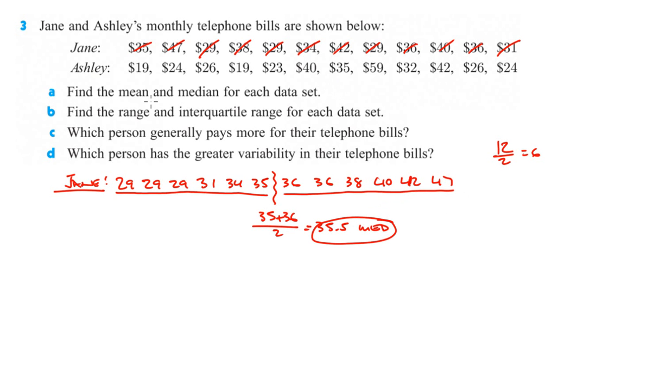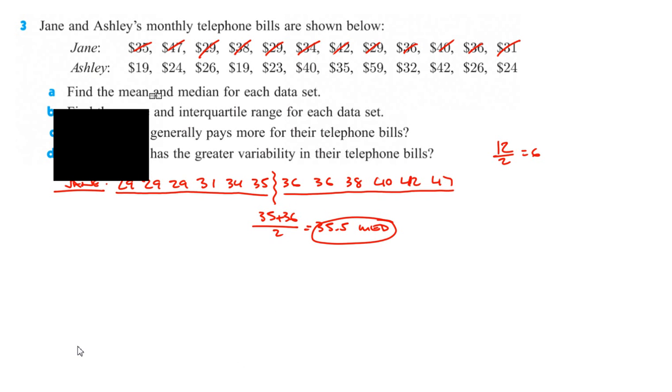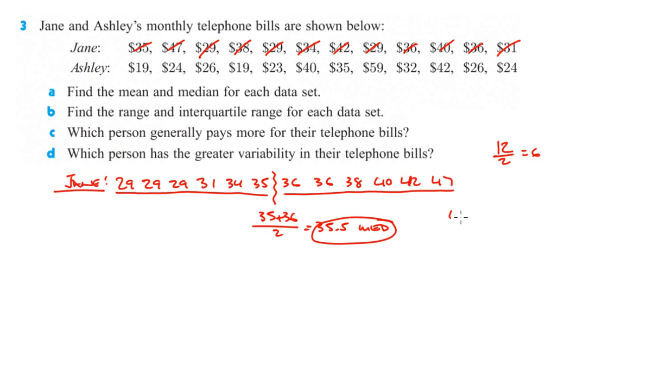Okay, and then for the mean, we got to add them all up and divide by 12, right? So let's do that. I'm going to simply just add those all up, divide by 12, and then that will give us the mean. Okay, so added those all up, and that gives us 426.